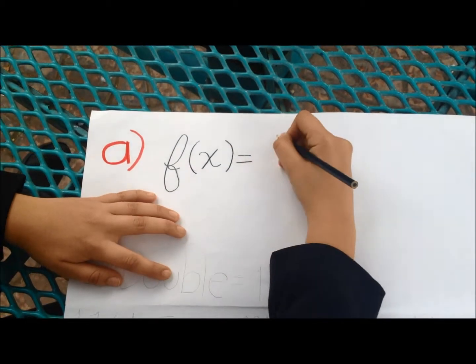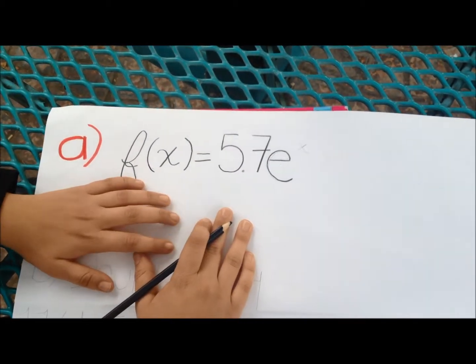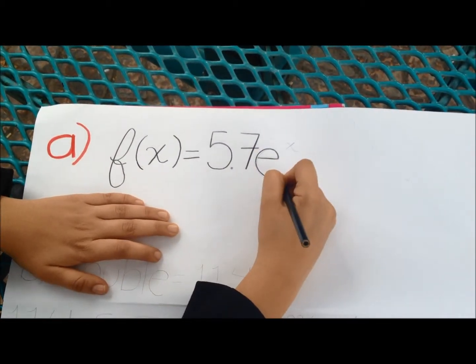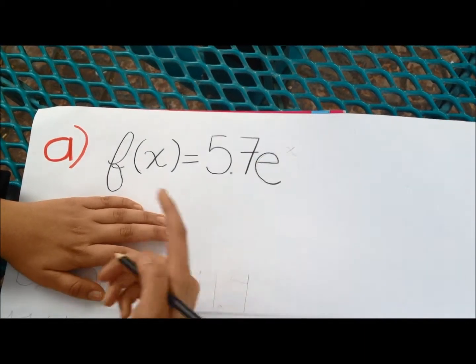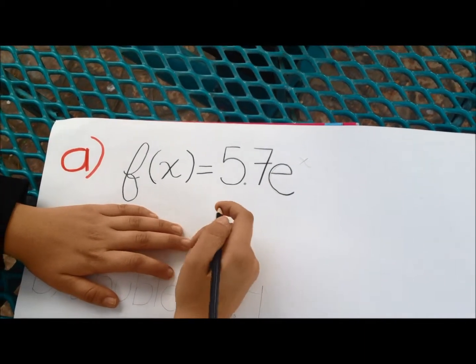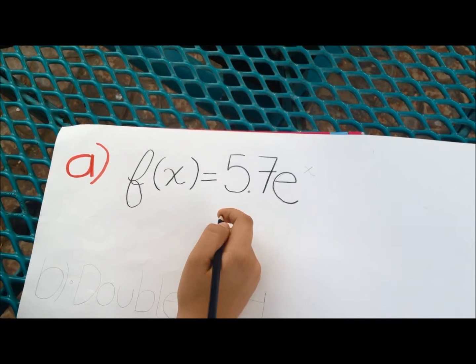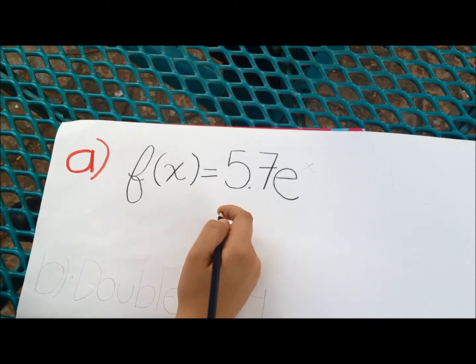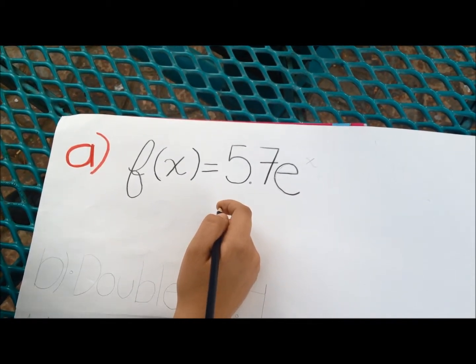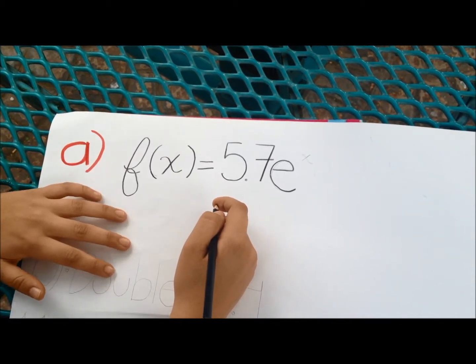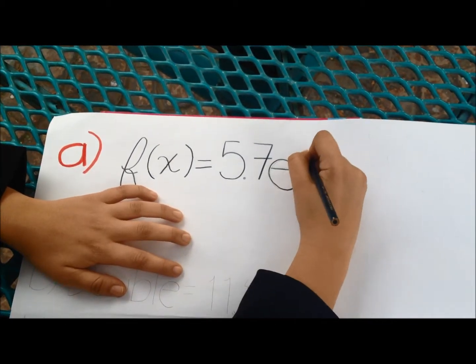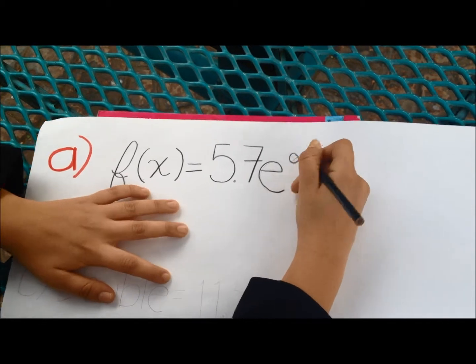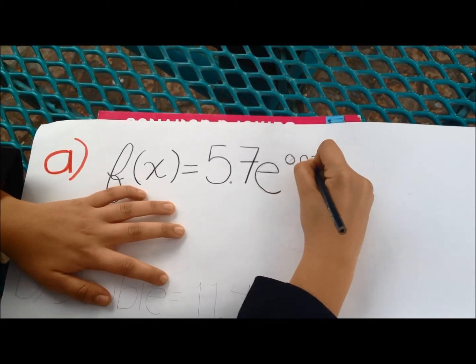So we're going to write 5.7. We're going to elevate our e to the value of x. X is going to be equal to the population growth rate, that is 2%. And we're going to express this 2% using decimals, which is equal to 0.02.